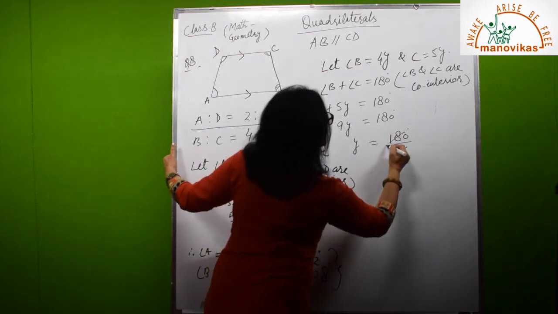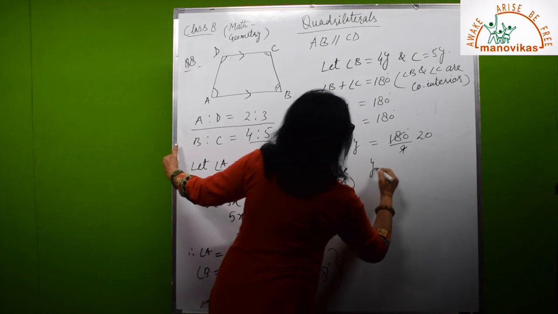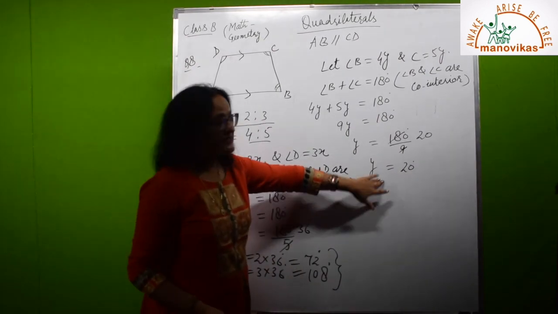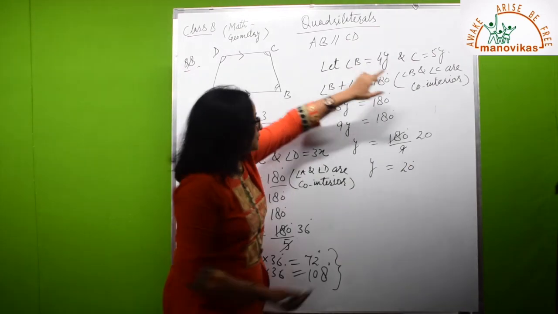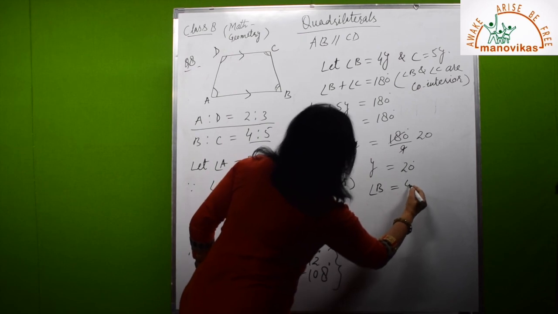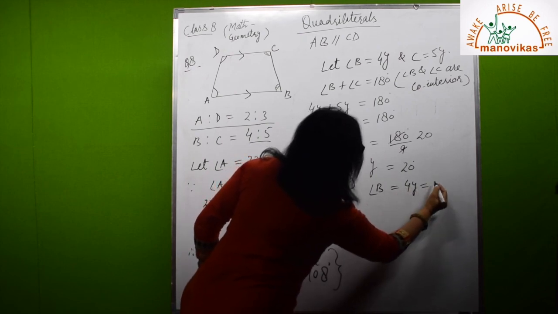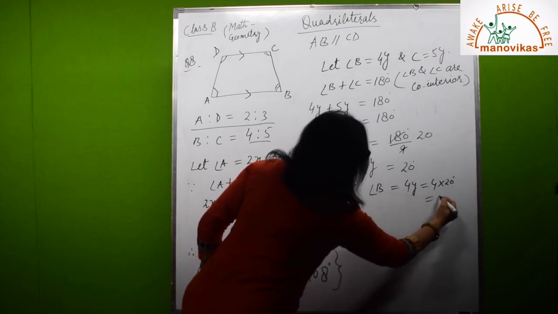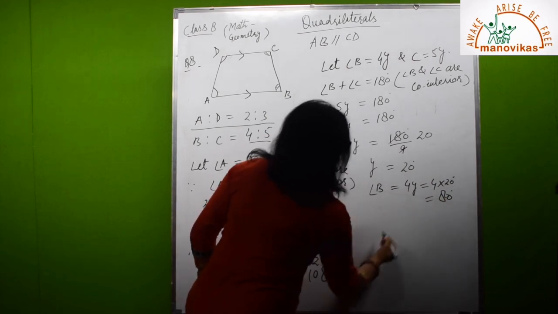So if you simplify, you get y is equal to 20 degrees. Now put the value of this y here. You will get the value of angle B and angle C. So angle B is equal to 4y and here y is equal to 20. So angle B is equal to 80 degrees.